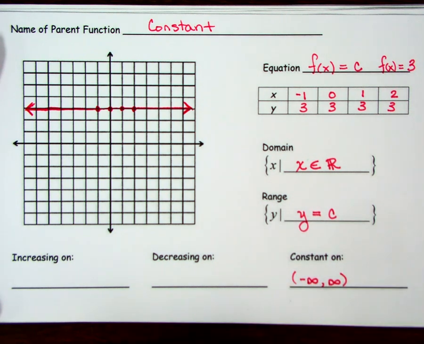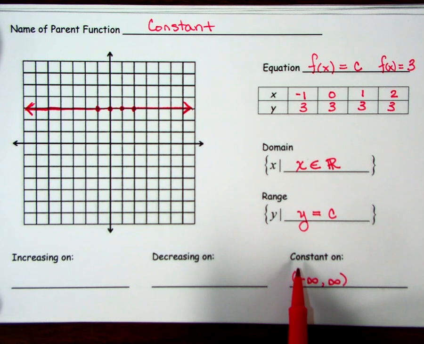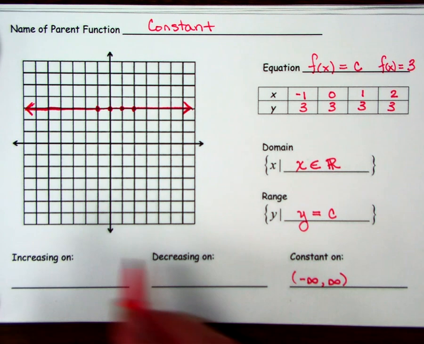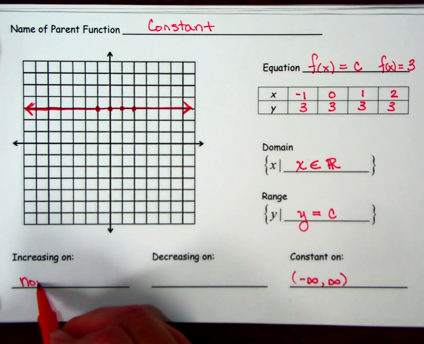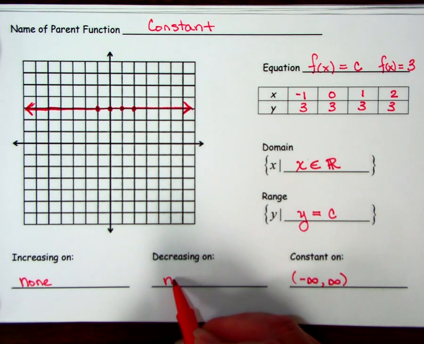I'd put that in parentheses to signify that it's from negative infinity to positive infinity. And if it's constant on all of the possible values of x, then that means this graph can never be increasing or decreasing. So we'd have none for increasing and none for decreasing.